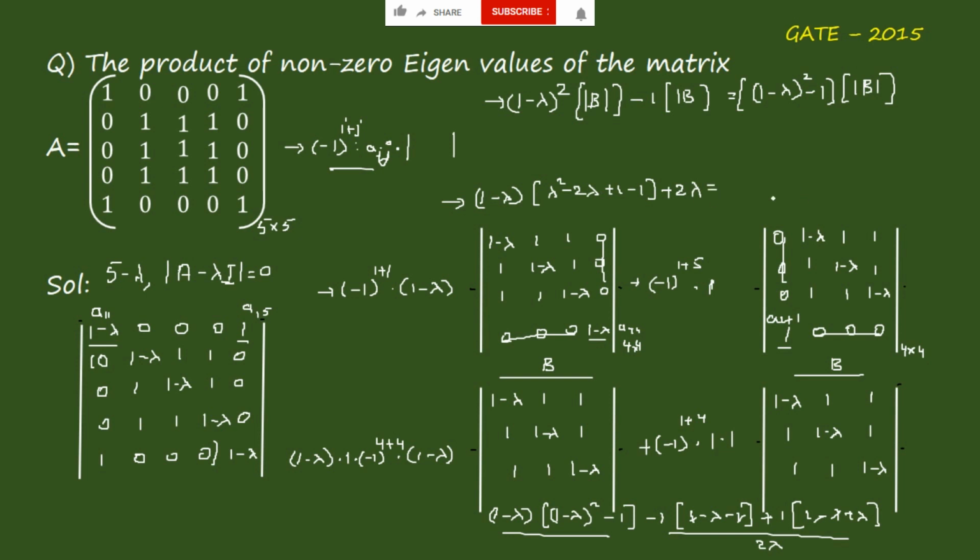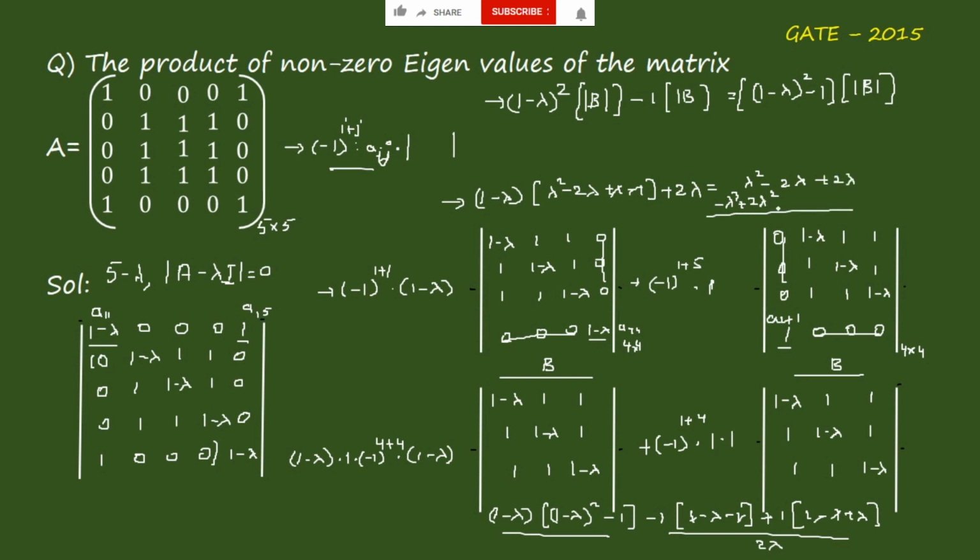Which is equal to nothing but, we get as this two get cancelled, right? So just multiply these two, it becomes lambda square minus 2 lambda, then it becomes minus lambda cube, minus 1 gets cancelled, it becomes plus 2 lambda square, right? 2 lambda square, and it becomes plus 2 lambda, right?